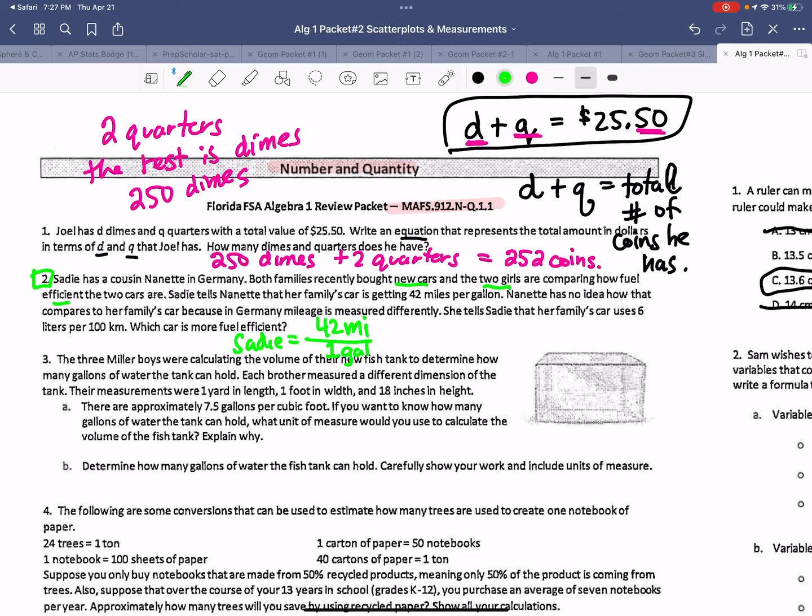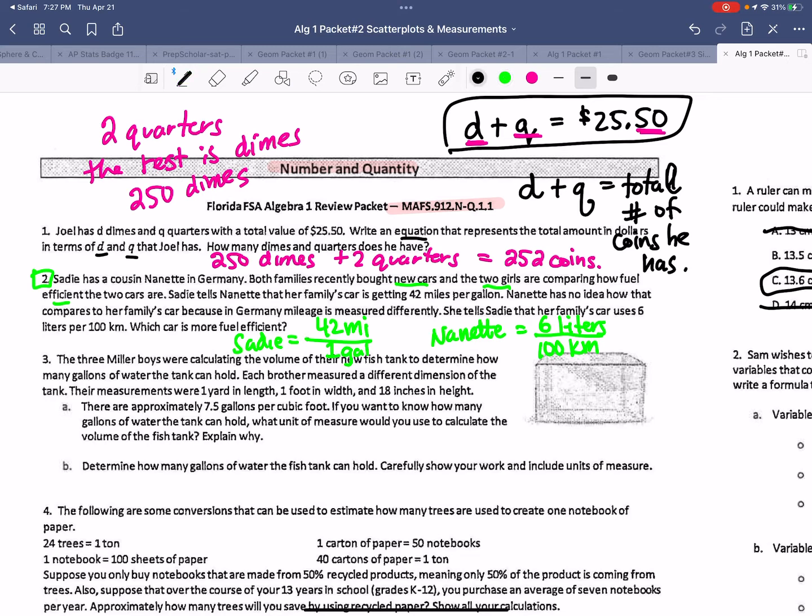She tells Sadie that her family's car uses 6 liters in 100 kilometers. So she knows that when she goes 100 kilometers, she uses 6 liters.